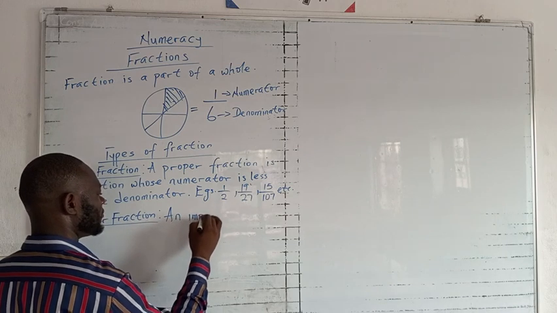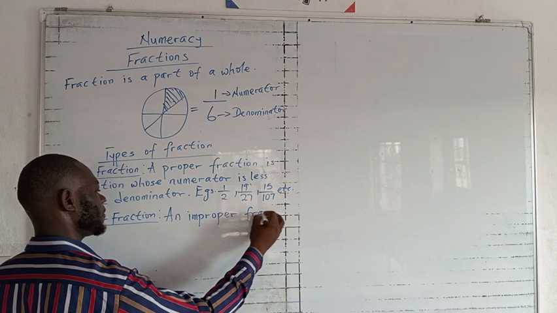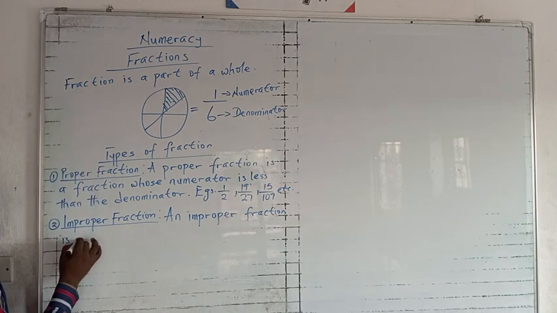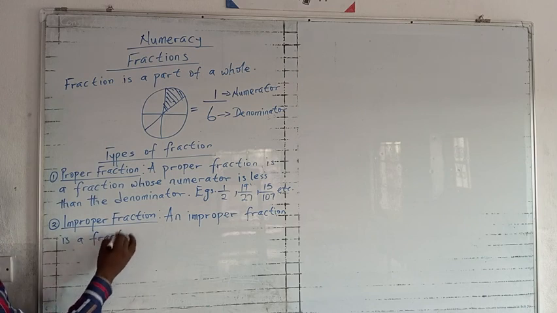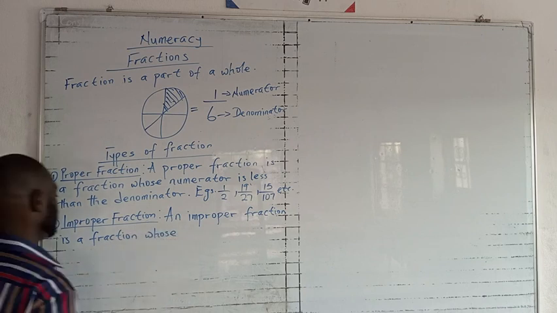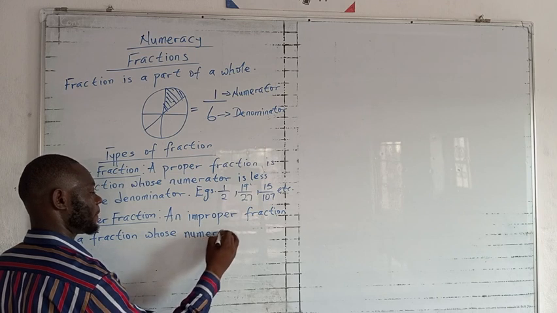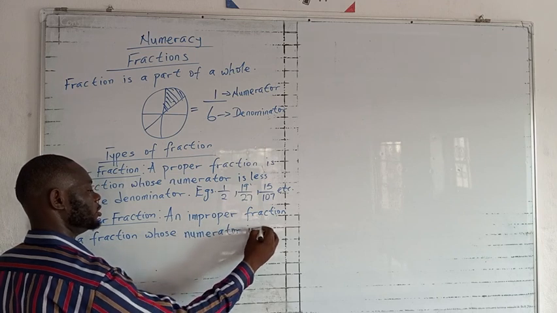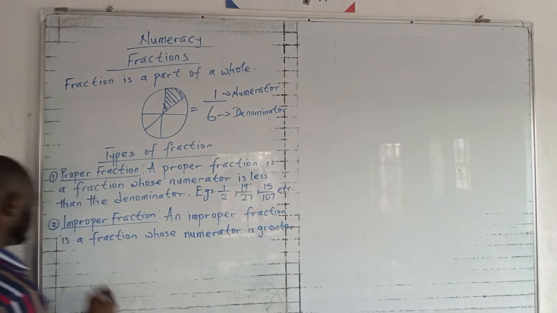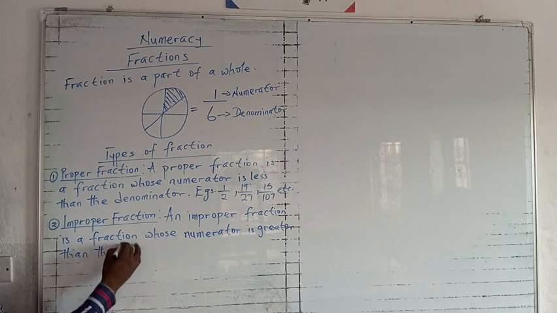An improper fraction is a fraction whose numerator is greater than the denominator.